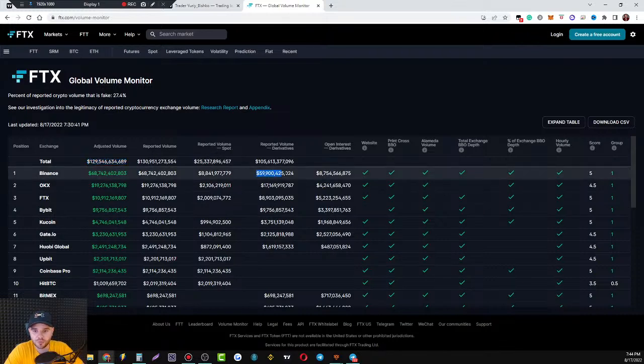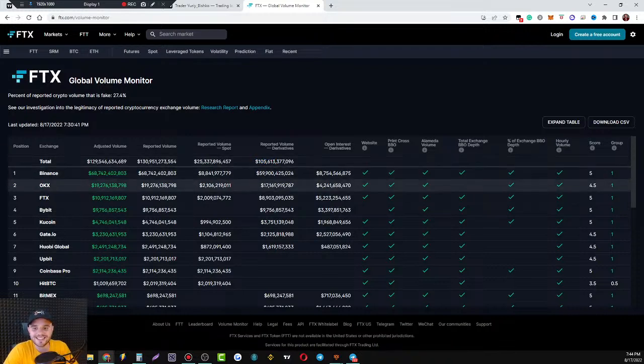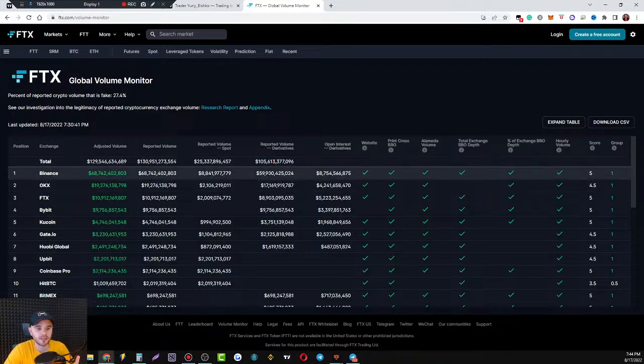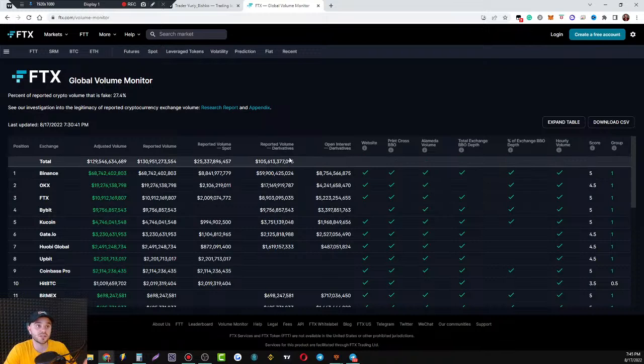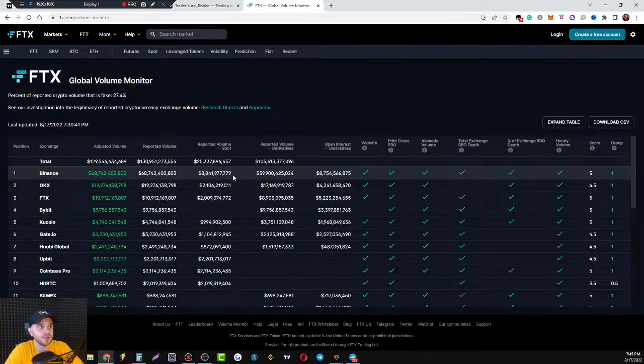Spot, and have a look, futures volume 59. That means all futures volume 105, Binance 60. Nearly 60% is only Binance. And have a look, OKX, FTX, and Bybit, the three together are less than one Binance. That's why Binance is really significant. That's why most of the whales do their business on Binance.